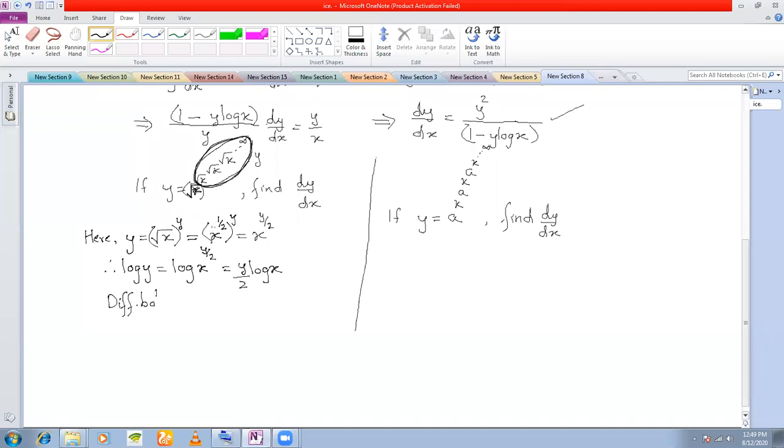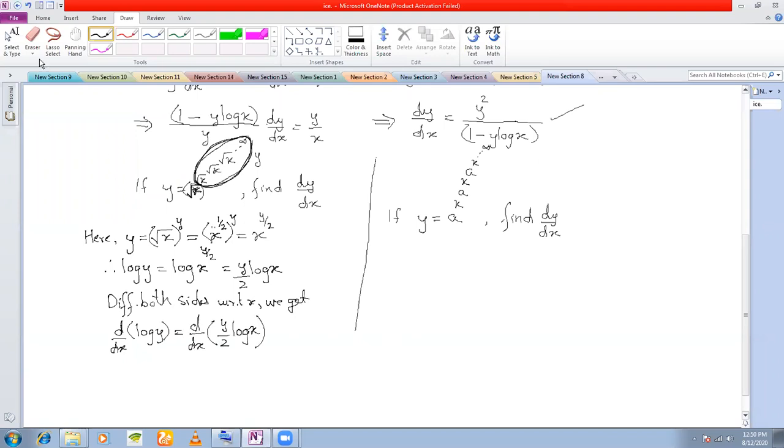Now you differentiate. I'll just give you hints for this problem and the rest you can do on your own. Differentiating with respect to x, we get d/dx log y is equal to d/dx of y by 2 log x.